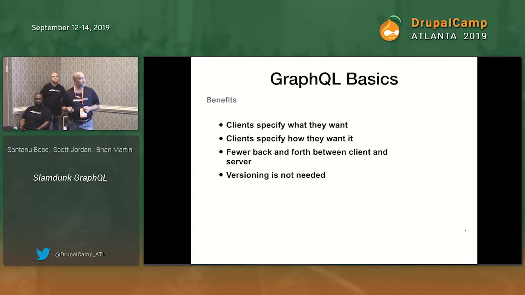Then also you get fewer back and forth because you can get things in one step instead of many steps to piece your data together to make sense of it. And for these reasons, versioning is not so much needed anymore because you can have apps asking for different kinds of information, and from the same structure you can support multiple outputs, essentially removing the need for versioning your backend APIs.